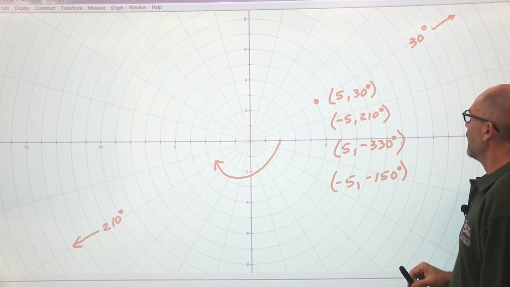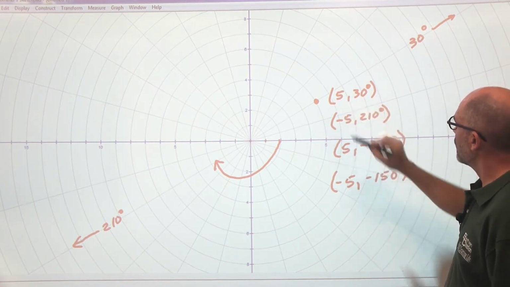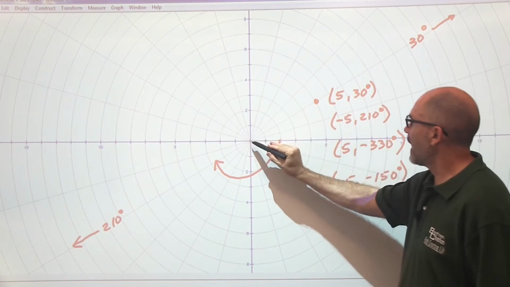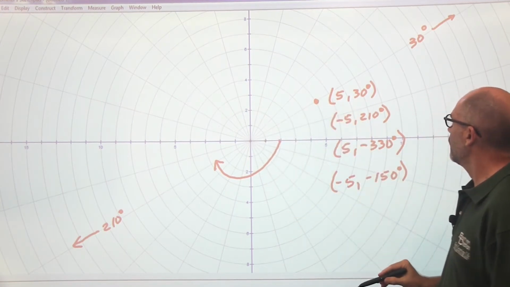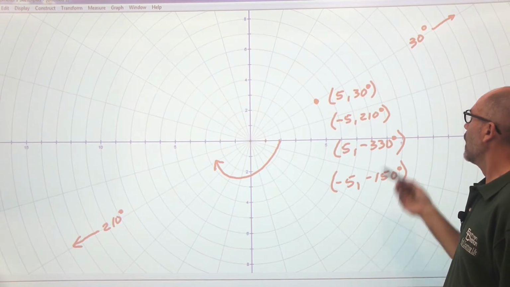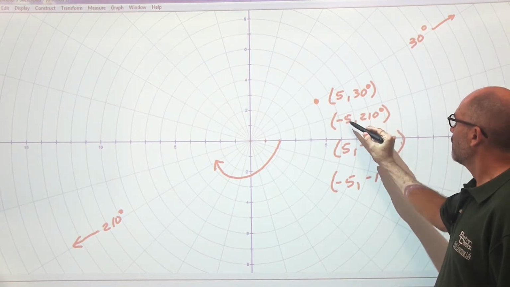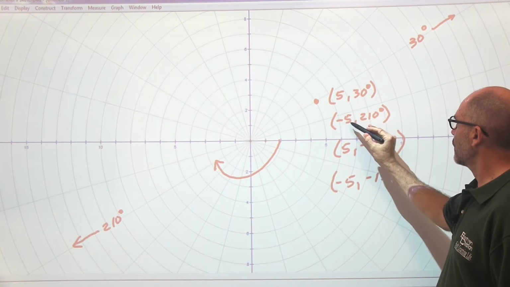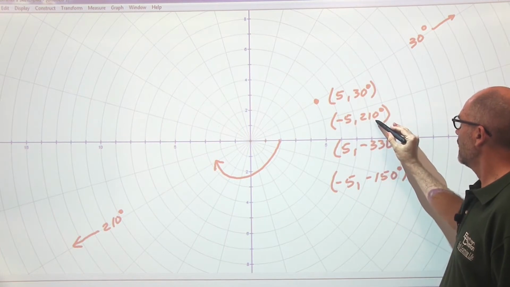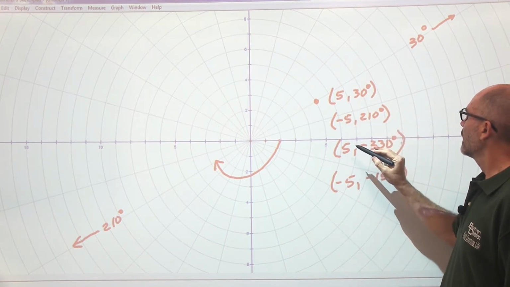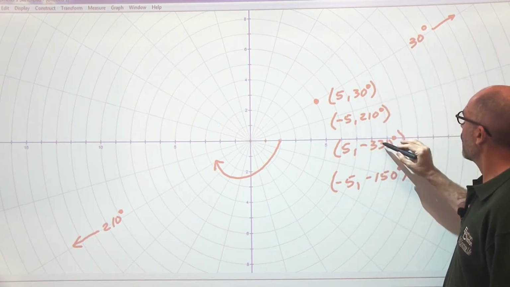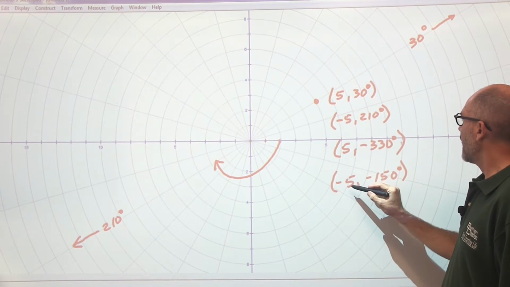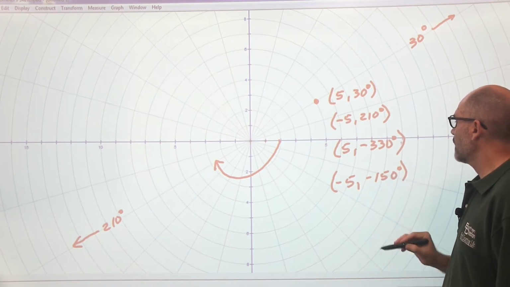So notice what I've done. I've taken a single point right here that's 5 away from the origin at a positive 30 degree angle, and I've said, well, it's also 5 the opposite direction from 210, or it's 5 in the same direction as negative 330, or it's 5 in the opposite direction as negative 150.